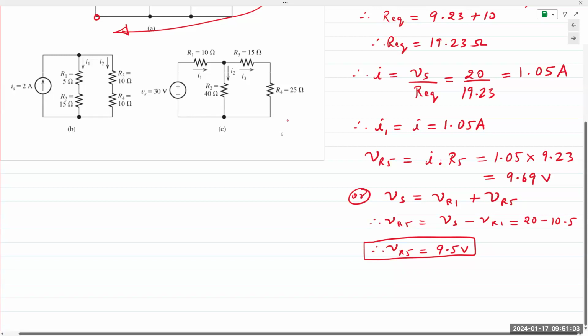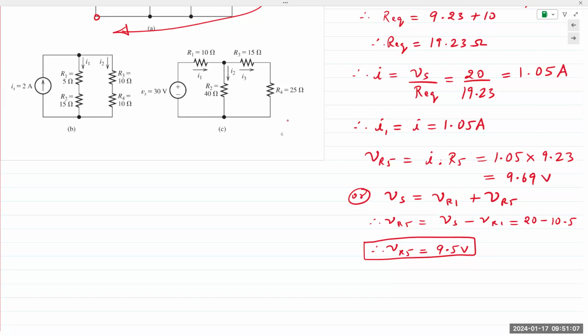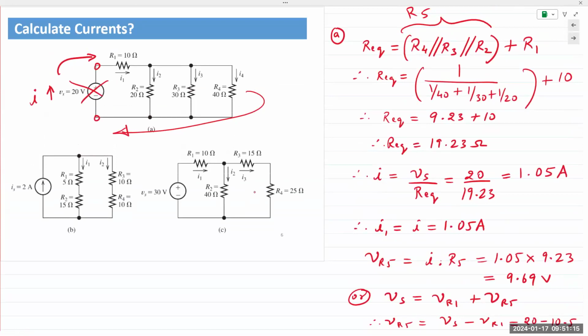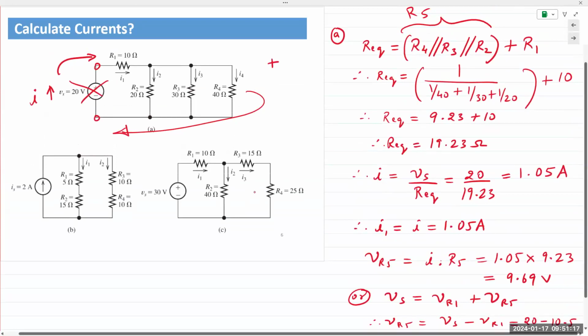So VR5, just to recap as a step: R5 is the parallel combination of R2, R3, and R4, right? So the voltage that appears across here, I call it VR5, and the voltage that appears across R1, VR1.